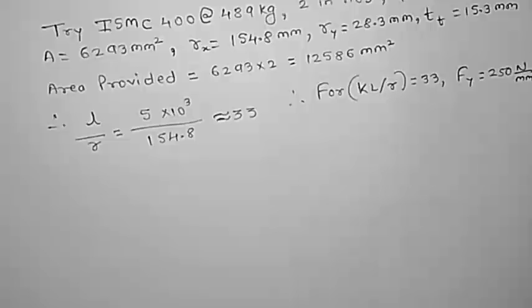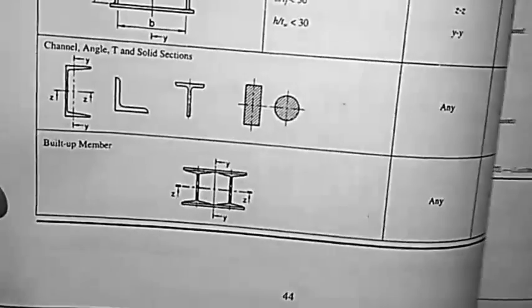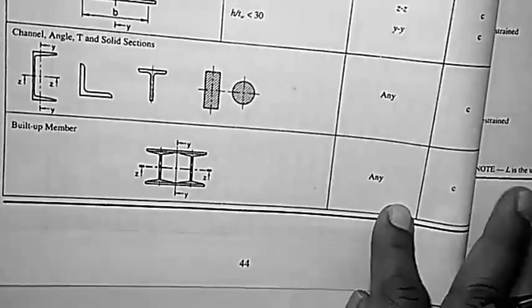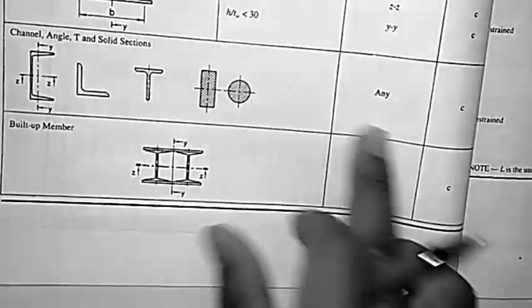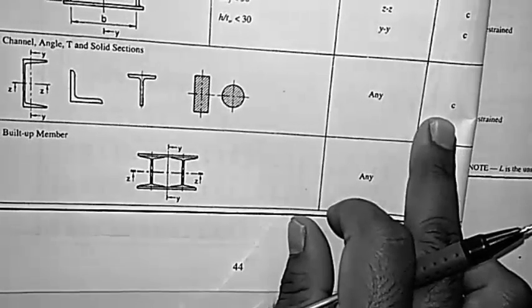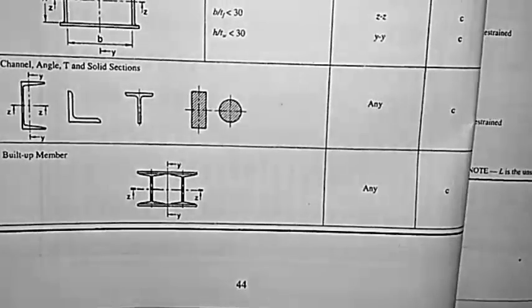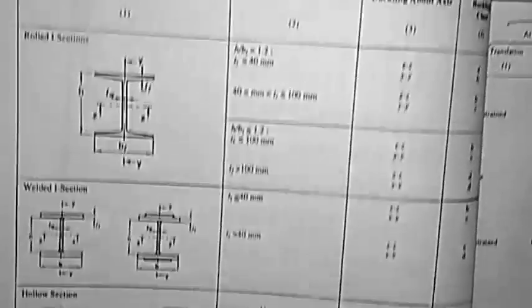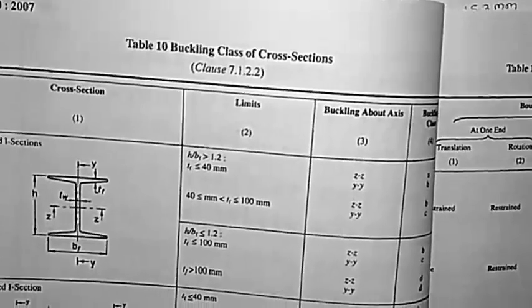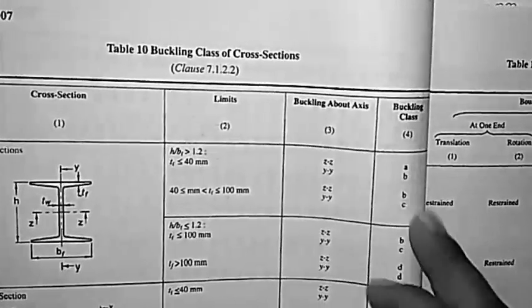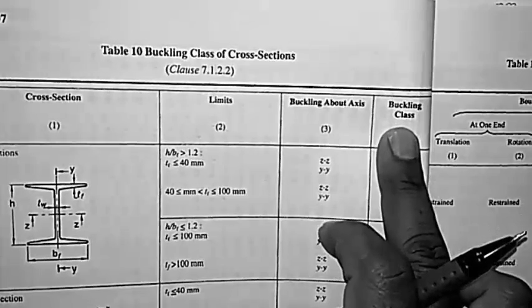Before that we can just check the page number 44, that is table number 10. What exactly is that table all about? So table number 10 is this one, where we'll get the channel section or angle section. They are considered as buckling class C. So this is from table number 10, buckling class classification, and here in the last column we have this buckling class.